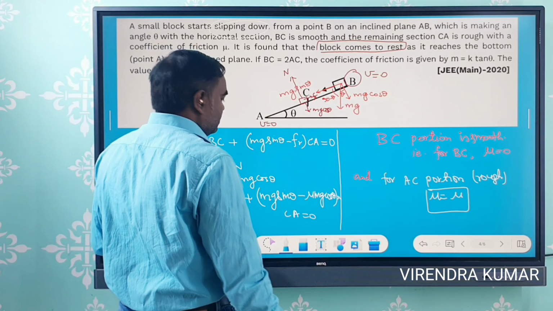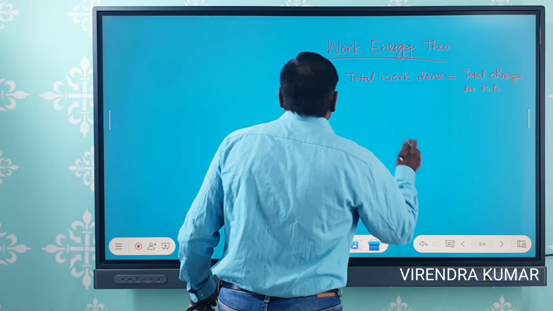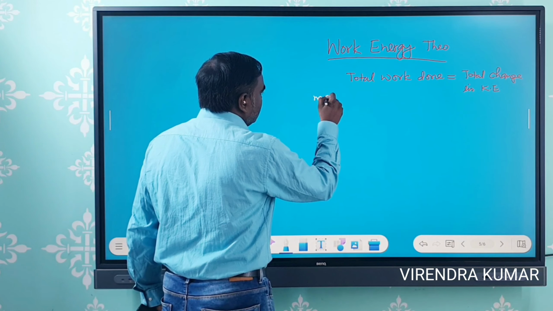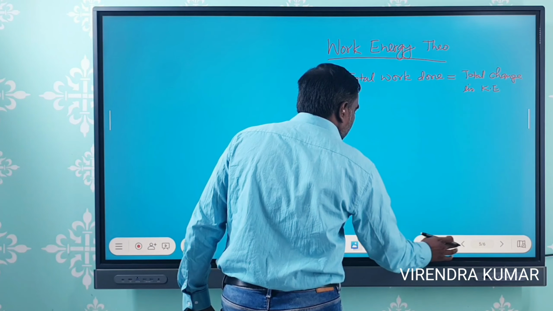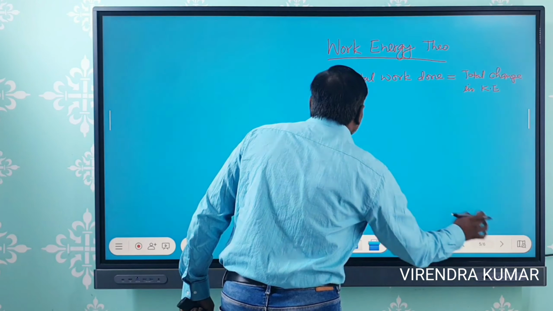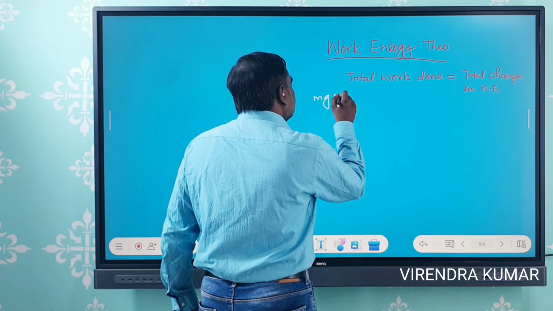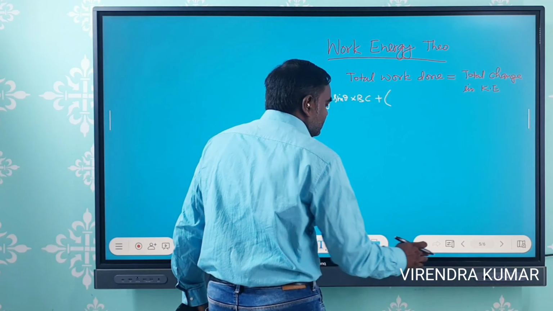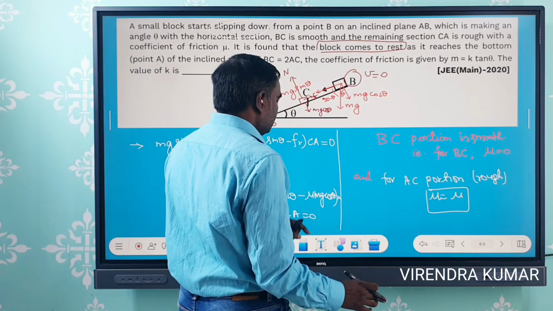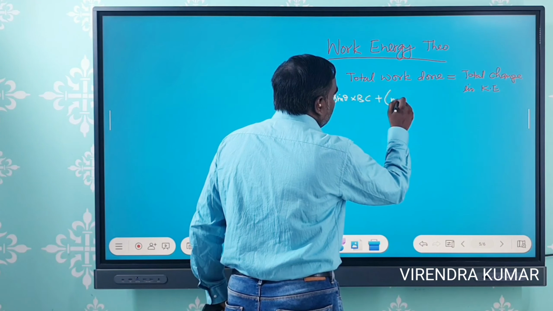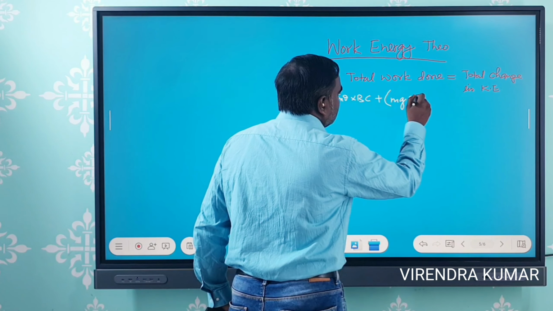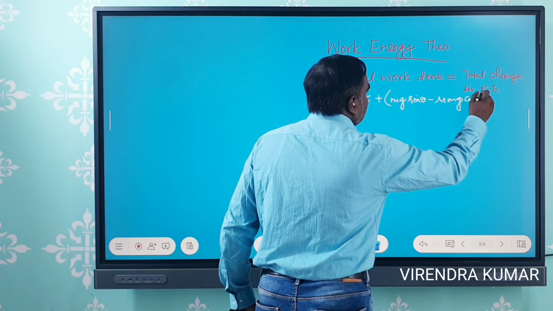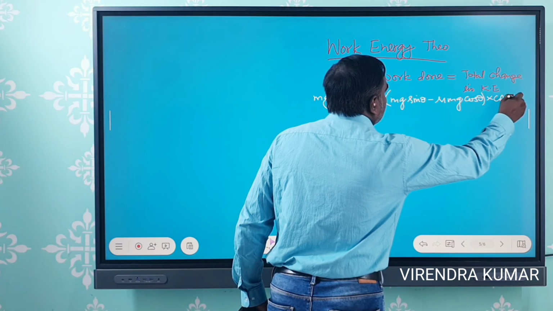So we will solve again on the next page: mg sin theta into BC plus in brackets mg sin theta minus mu mg cos theta into CA equals 0. This is our equation.